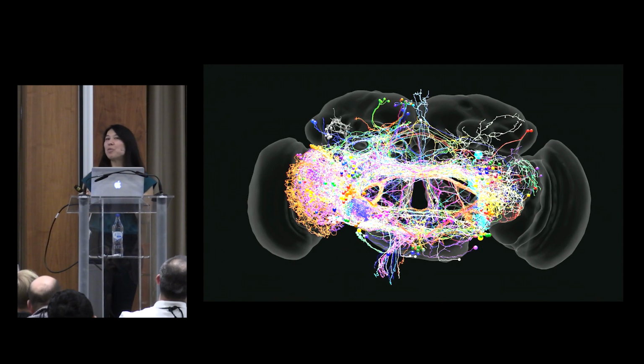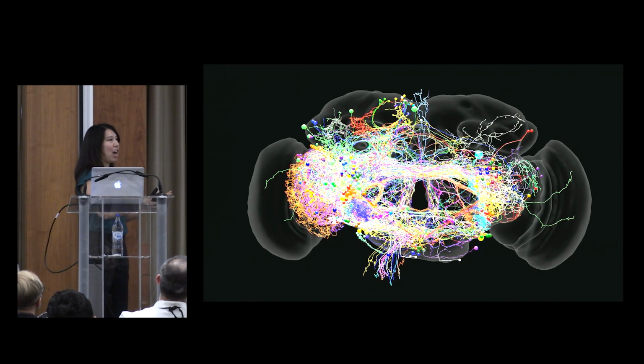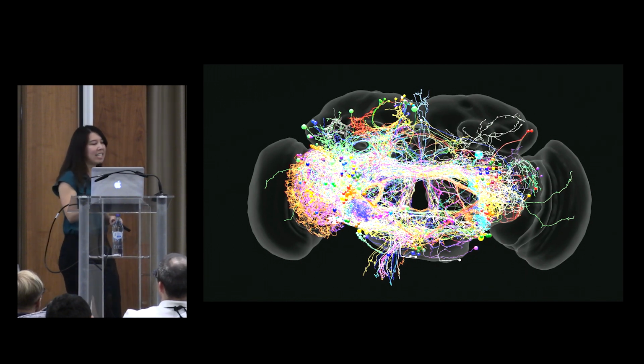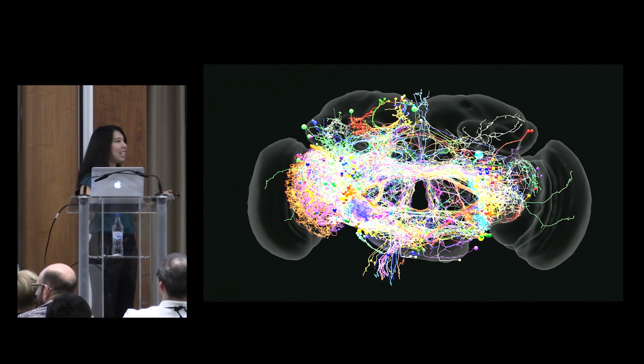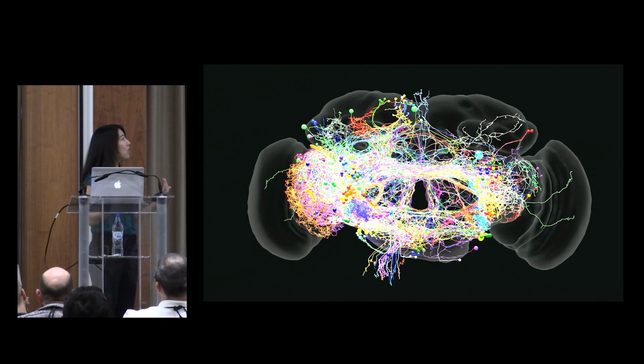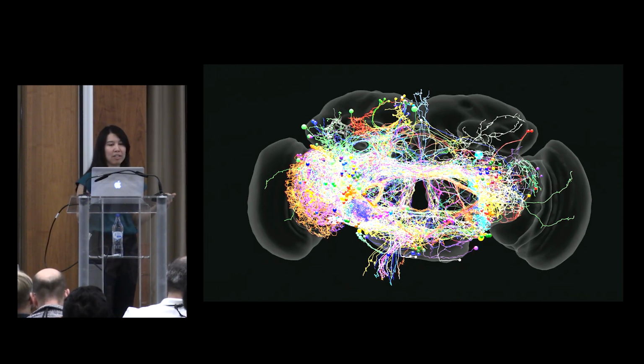So as much as we think we may have understood something about how looming is being computed and transformed in this pathway, there's clearly many other elements that the giant fiber is integrating in order to make this decision about when to fire. And I think this highlights how even what might appear to be rather reflexive and hardwired pathways are going to be under broader control from other more central elements in the nervous system.